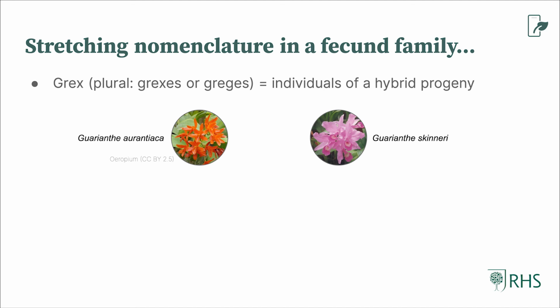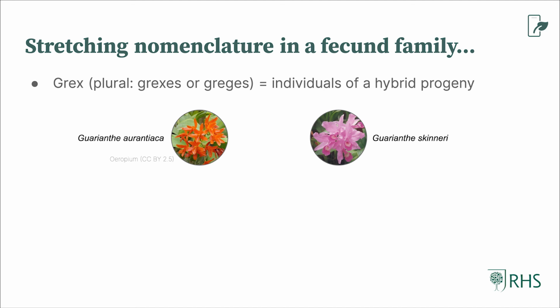And the reason for that is because orchids are one of the most diverse groups of plants on Earth. And because of their complex genetics, they can produce hybrids, which are basically crosses between species.